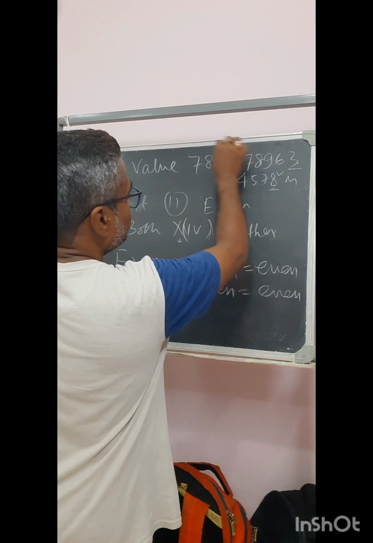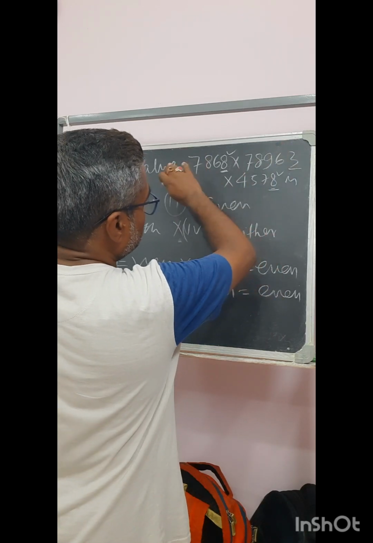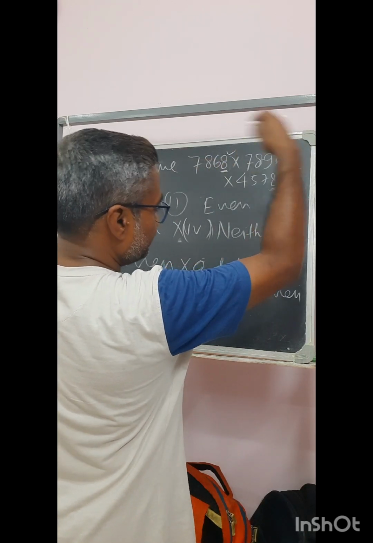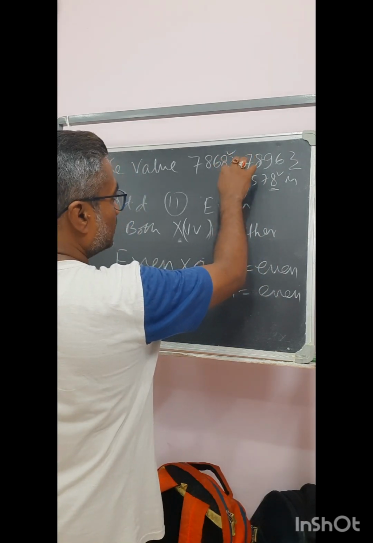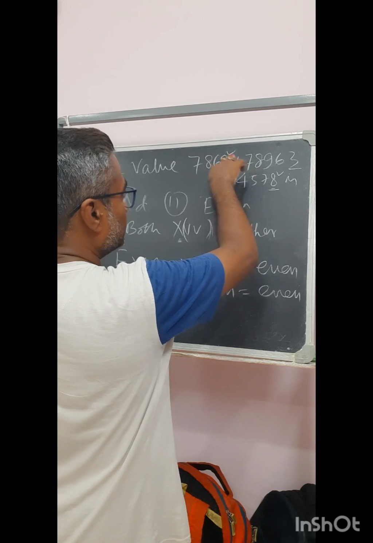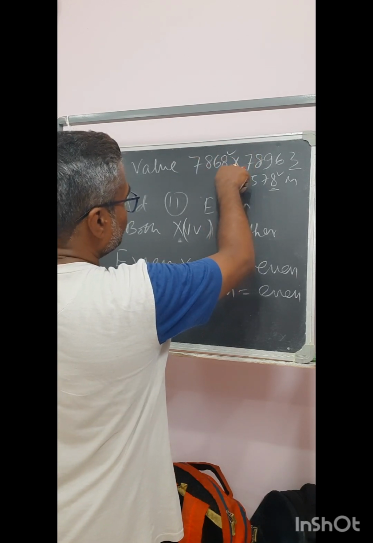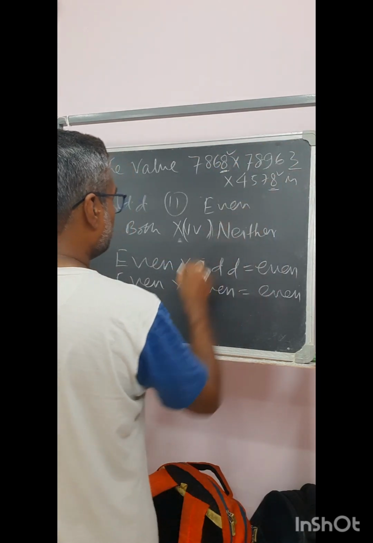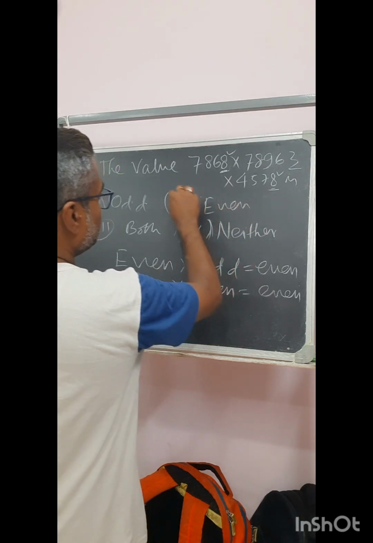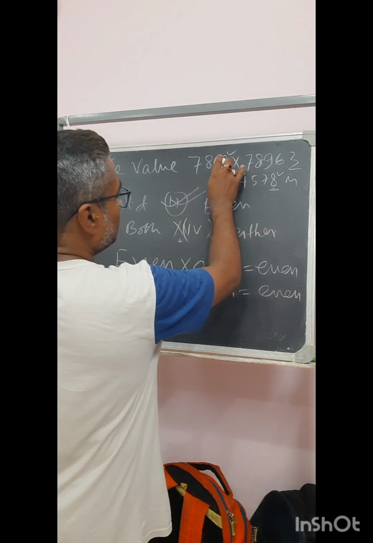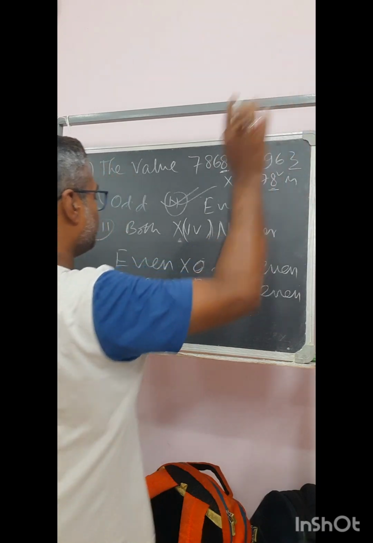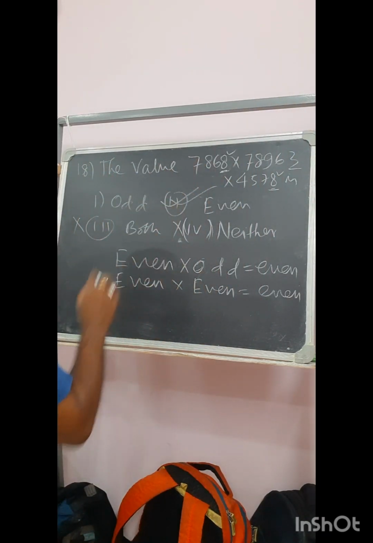So if anything is multiplied with this, whether it is even or odd, if at least one is even, that means the last place is even, then the number would automatically be even. So if I multiply any number, the result must be even only. There is no ambiguity or second thought. Any even multiplied with any kind of number will give you even. So this result will be even, and need not be calculated.